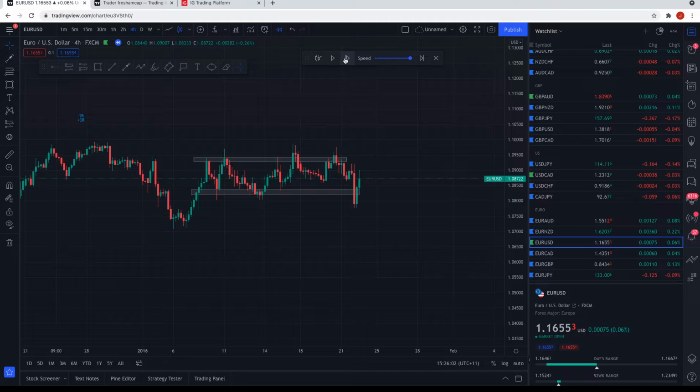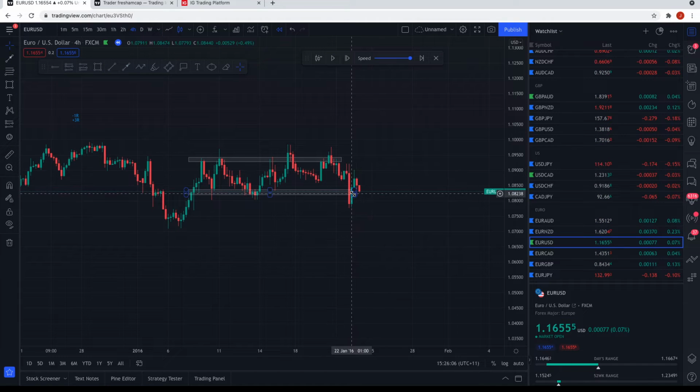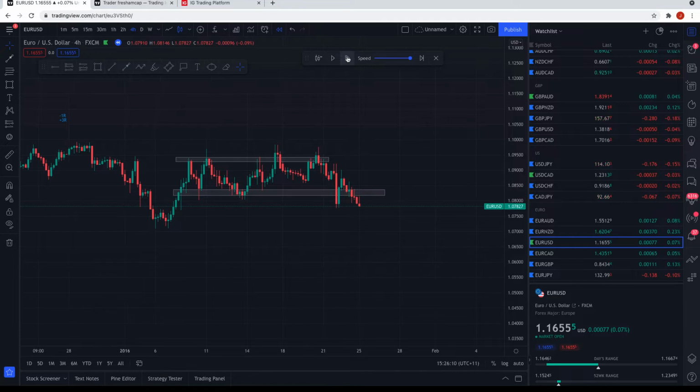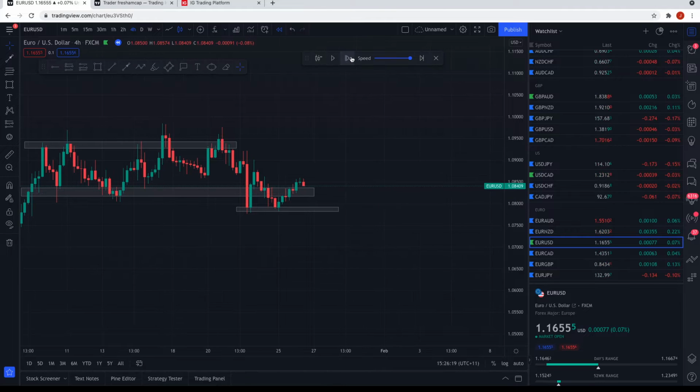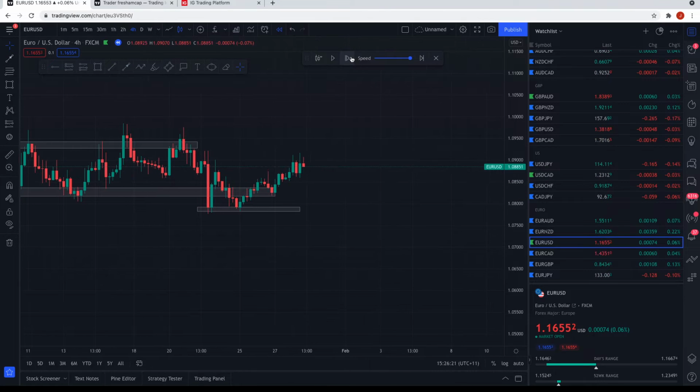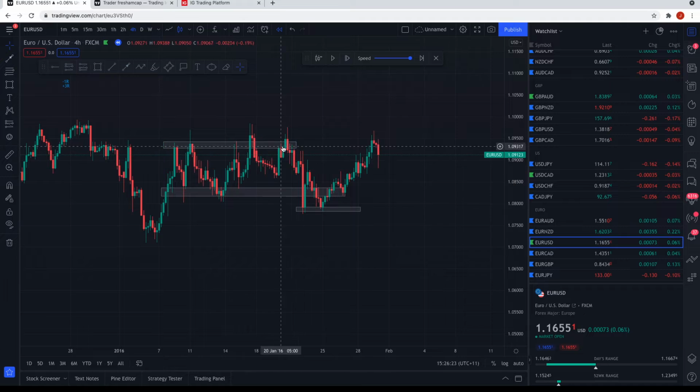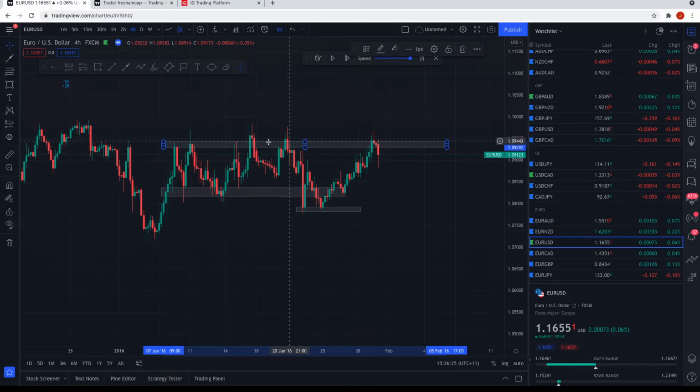Okay, so it broke out, came straight back in. Just ignore that. So price is really just struggling to break through this area. Just keep going. All right, so we're probably not going to trade in this area here just because of the high uncertainty.